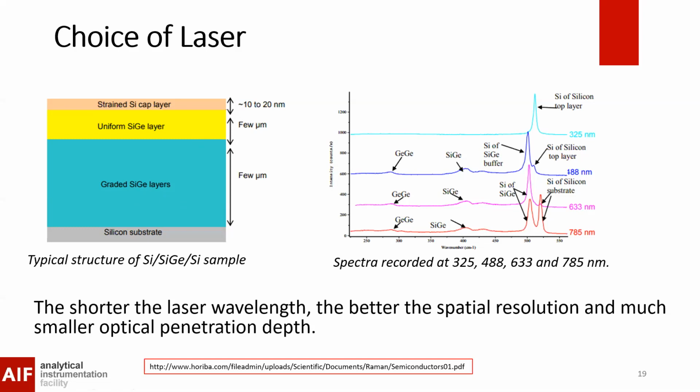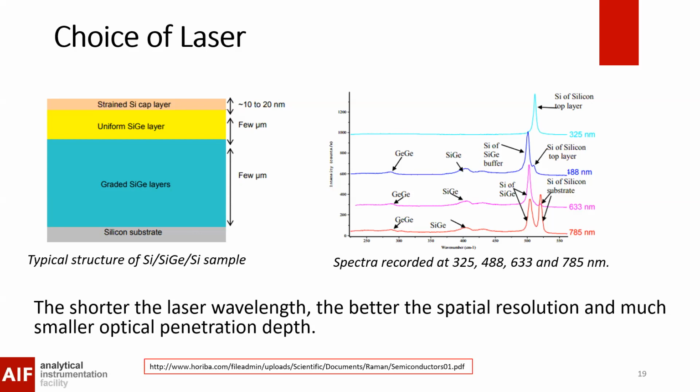So that's something you need to bear in mind when you look at multilayers. Do not expect the signal to come only from the top layer. There is a physical barrier. There is always some penetration depth of the optical light.